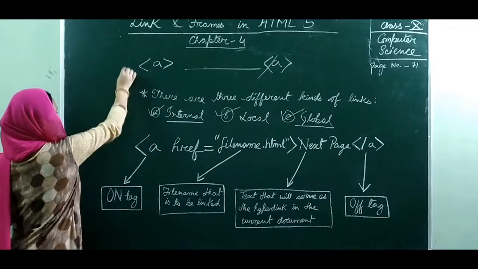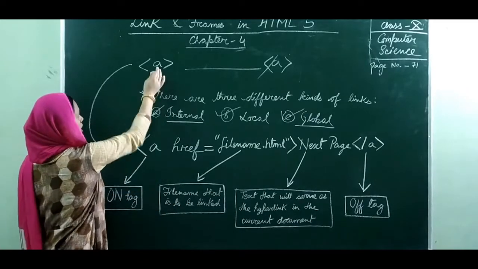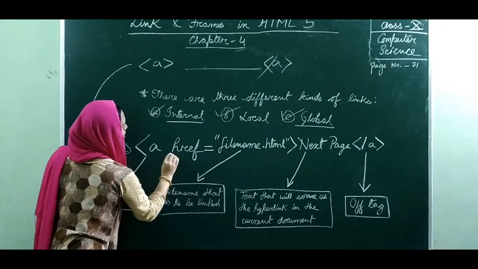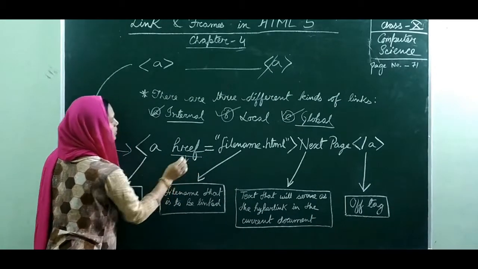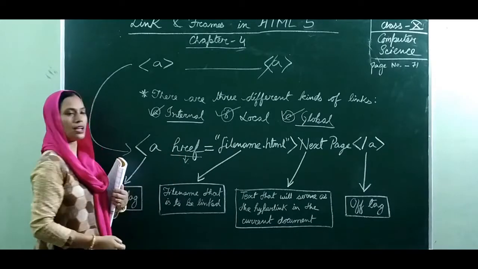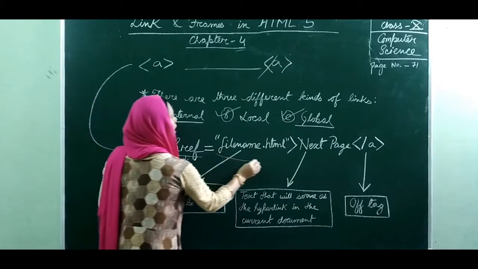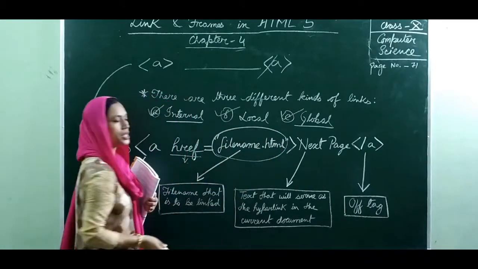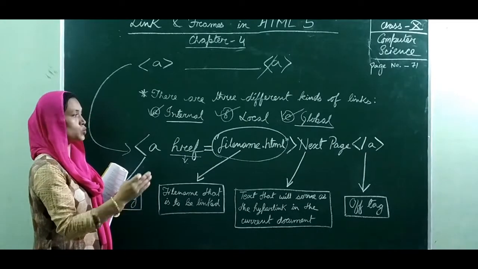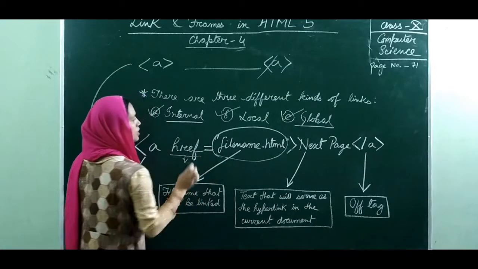Alright, we have an example here. In the A tag, we have href. Href means an attribute of the A tag. So with the help of href, that means hyper reference, we will take the file name. That means the name of the source document and the destination document, to which pages we are going to link, we will put in the href.